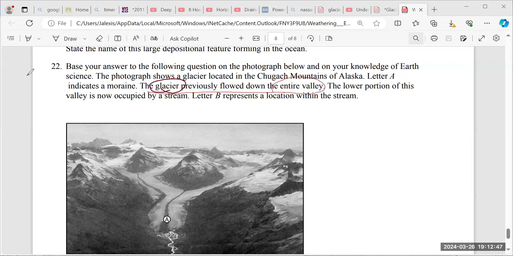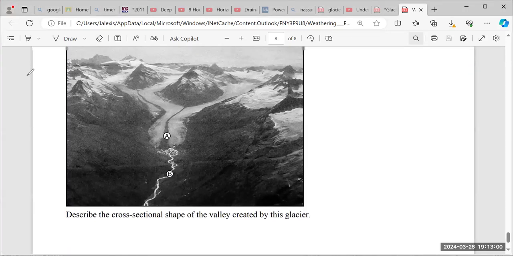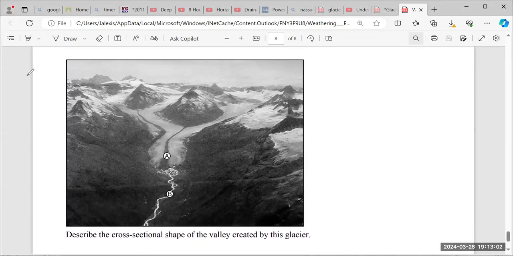Once again, I'm seeing this word glacier. The lower portion of this valley is now occupied by a stream. Letter B represents the location within the stream. So it says, describe the cross-sectional shape of the valley created by this glacier.